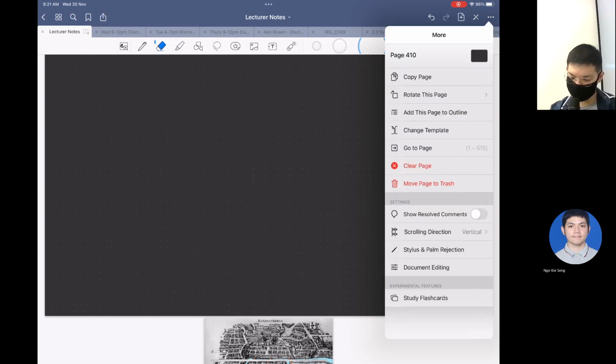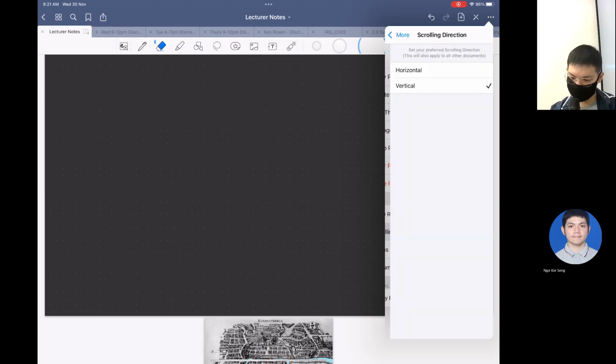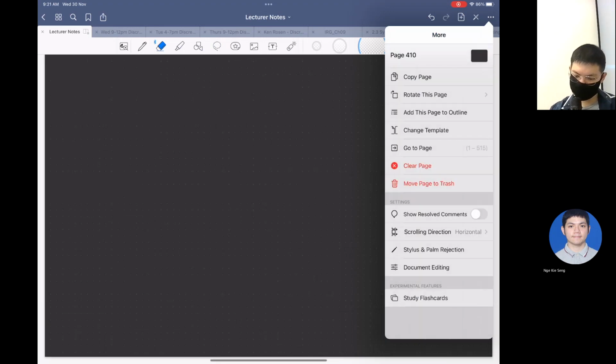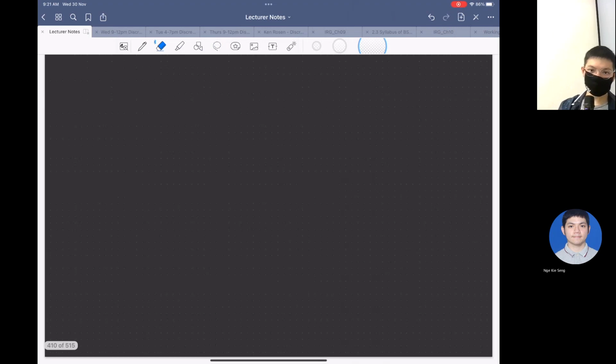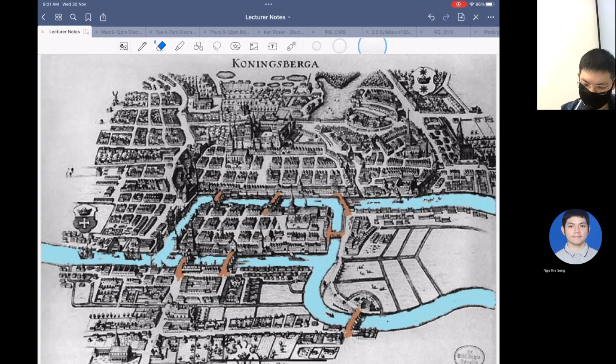So next, in this old time, the mayor of the town of Königsberg had 7 bridges connected to the town.